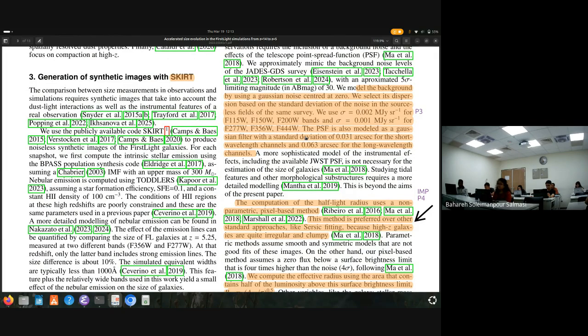The other thing is that when they calculate the Sersic index, they used something called a non-parametric pixel-based method rather than Sersic profile fitting, because they say that at higher redshift, these galaxies can be quite irregular and clumpy. So using the standard methods which we use for low redshift galaxies may not be a good idea.